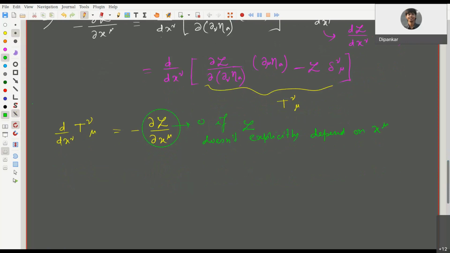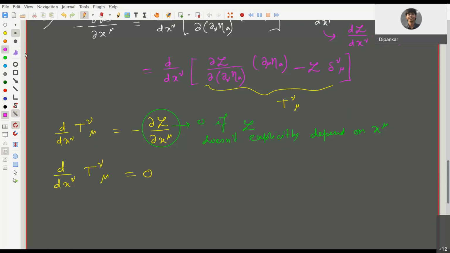So then you have a 4 divergence kind of thing. So you have the equation of continuity like thing. So d nu of T nu mu equals 0. So this is a conservation equation of T nu mu. Okay. So that means that this T nu mu is conserved. And so what is the meaning of this T nu mu?